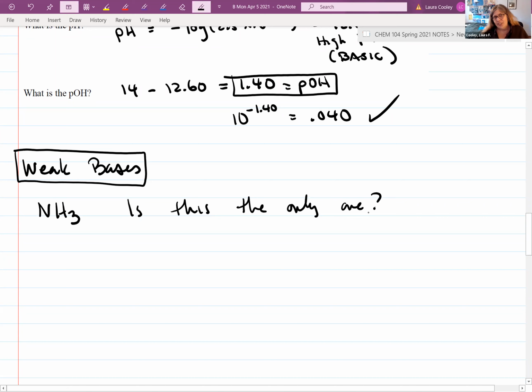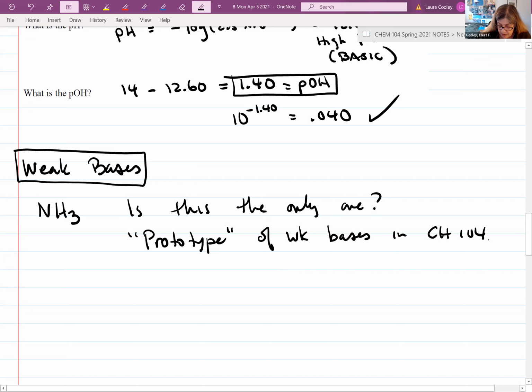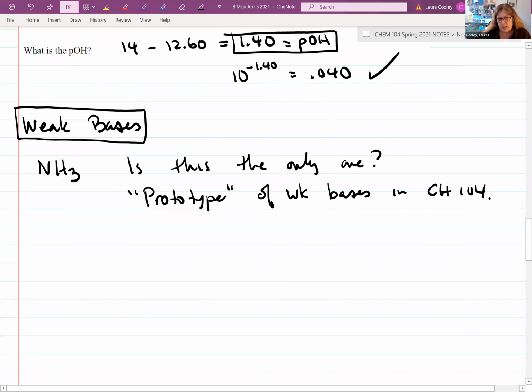Well, it's not the only one, of course, but it's kind of the prototype of the weak bases that we study in this class. Well, we study a whole bunch of other ones that are based on, that are salts, but that's another topic. As far as weak bases, these are the weak bases we study. They look kind of like ammonia, but not quite.